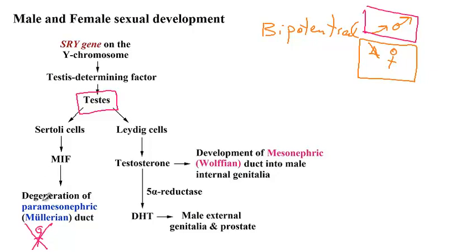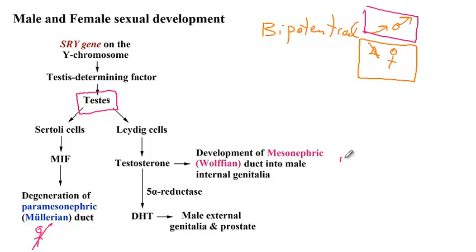So normally we need development of the paramesonephric or Mullerian duct for female structures to develop. But since we had testes, it has secreted the Mullerian inhibiting factor that inhibited development of female reproductive organs. On the other hand, Leydig cells have produced testosterone, which enhances development of the mesonephric ducts, the other name for which is Wolffian ducts, into male internal genitalia.